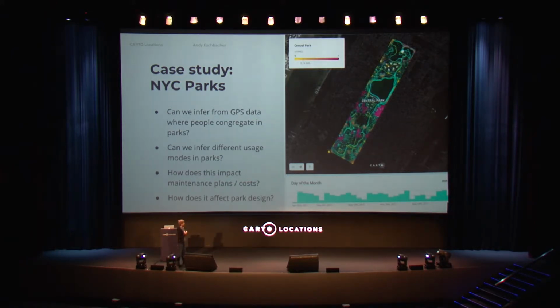And she identified many places and was able to look back at the map and then identify some of those places on a map as where Strawberry Fields, where there's a John Lennon memorial, for instance, things like that. And then from this, you can also infer modes of transportation and generally how people use the park.